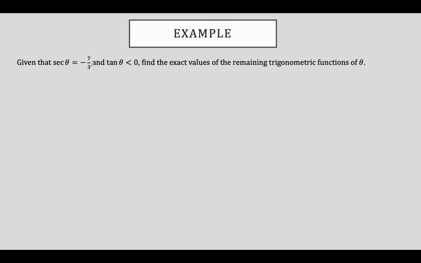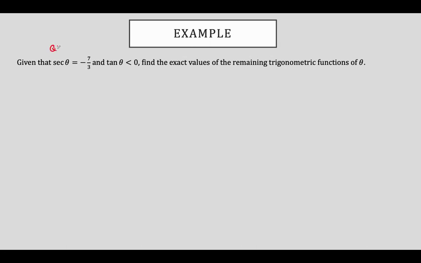All right, let's try one more. Given that secant theta is -7/3 and tangent theta is less than 0, find the exact values of the remaining trigonometric functions of theta. Well, secant is negative. Secant is the reciprocal of cosine, which means that the x-coordinate must be negative. Well, what quadrants is that?